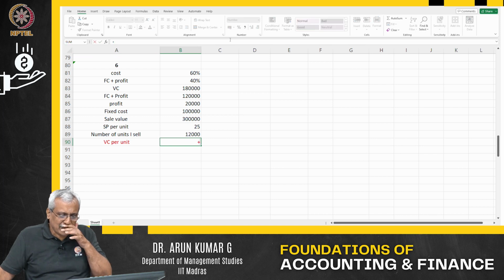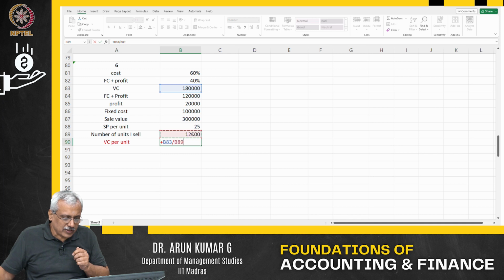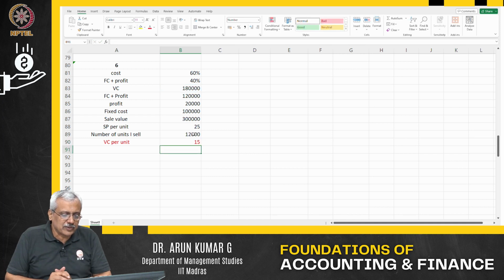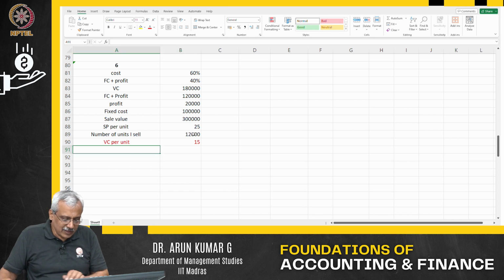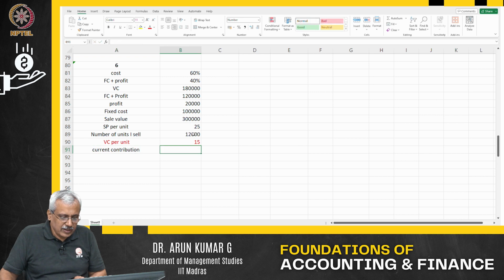Variable cost per unit is the total variable cost, 1,80,000, divided by 12,000 units, that is 15. So, current contribution is $25 selling price, $15 variable cost, $10 is the current contribution.